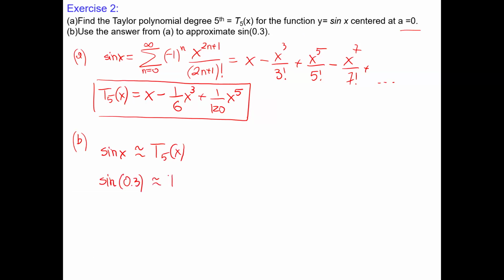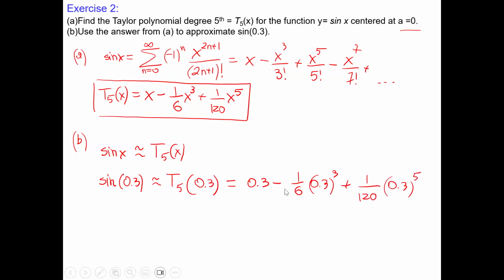We substitute 0.3, and we will have 0.3 minus 1/6 of 0.3 cubed plus 1/120 of 0.3 to the power of 5. This is basic arithmetic. Of course, I still use the calculator, but at least I have something.